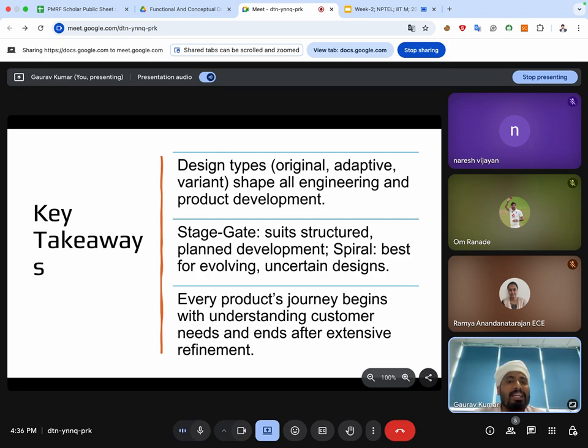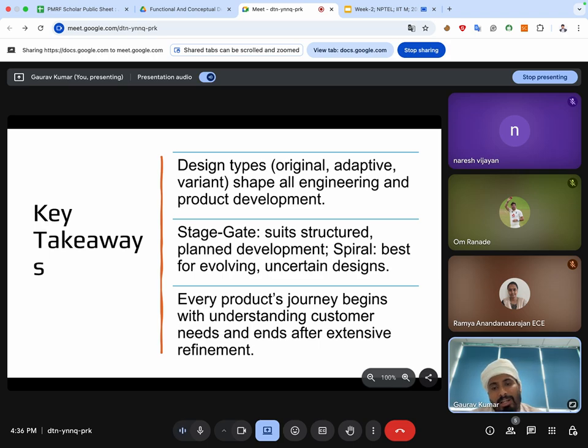It's a great model for predictability, budget control, and risk reduction, right? On the other hand, the spiral process is more flexible, exploratory, and iterative. It's used when we expect a lot of change based on user feedback or tech uncertainty.